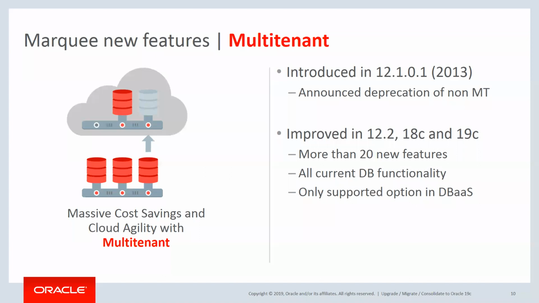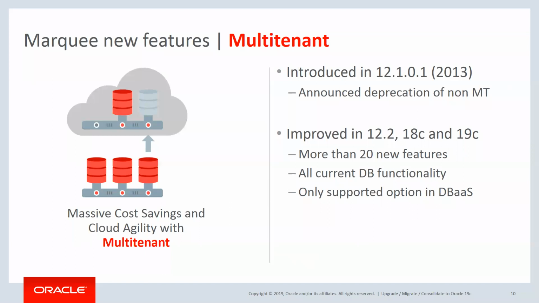So we recognized that there had to be a different way of handling the data, separating the day-to-day business from the actual data that you are using in the system. So we introduced it in 12.1.0.1, one of the first versions.